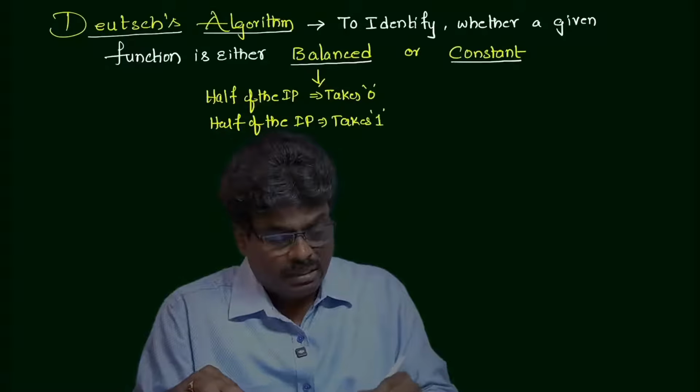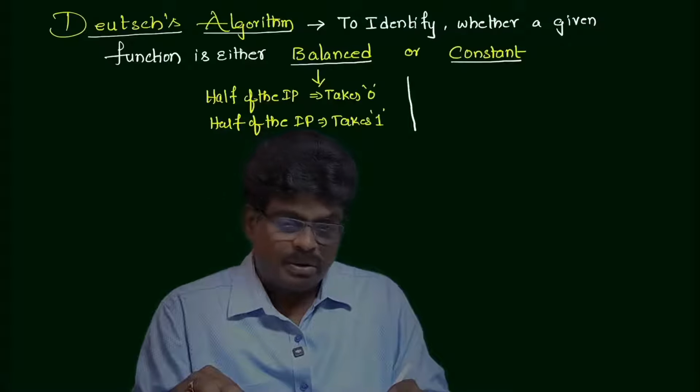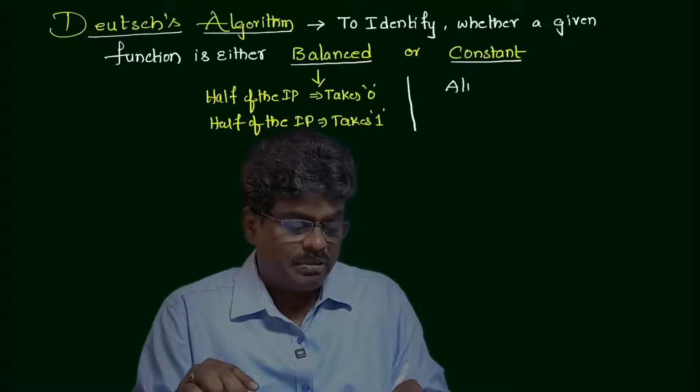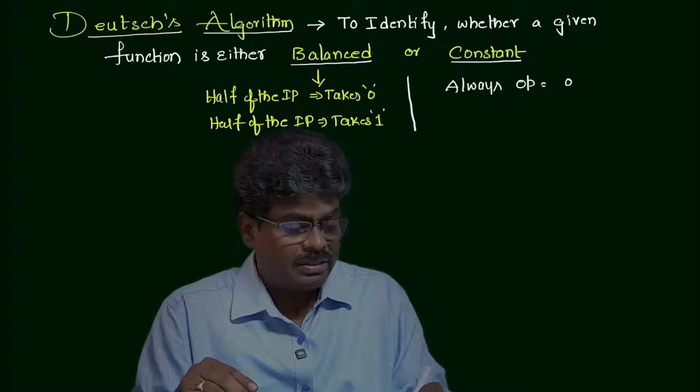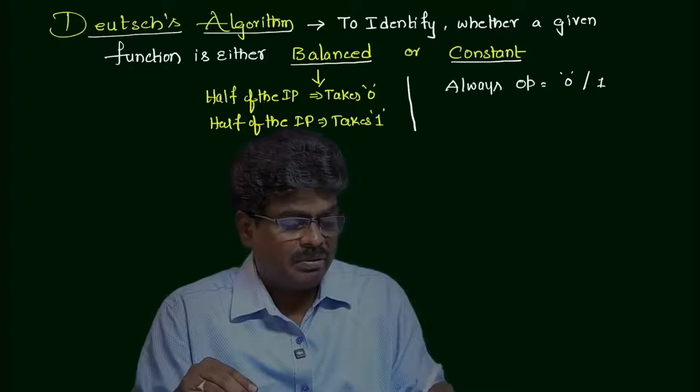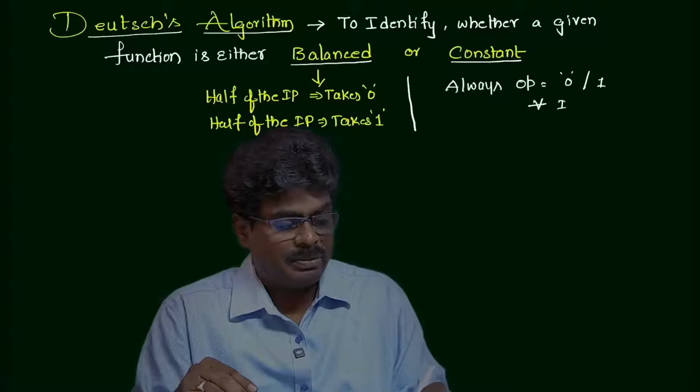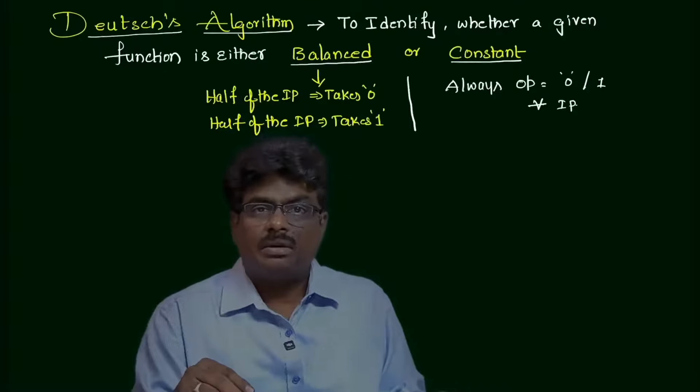Constant means that for all inputs, the output is always equal to either 0 or 1. This is for all inputs, either 0 or 1.